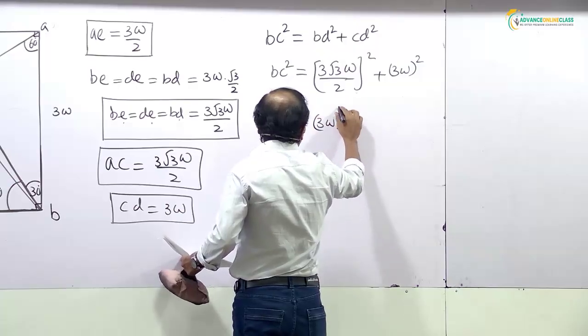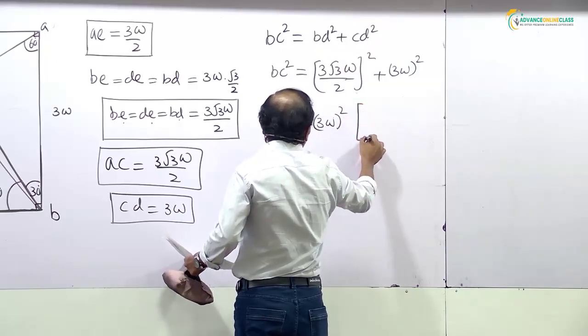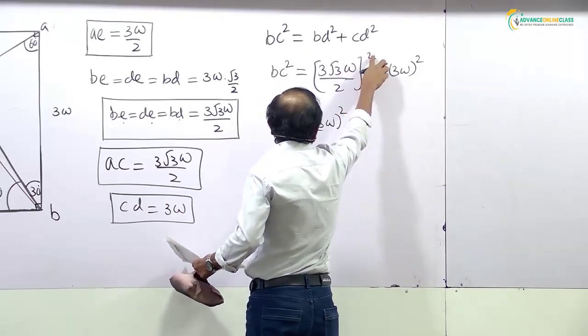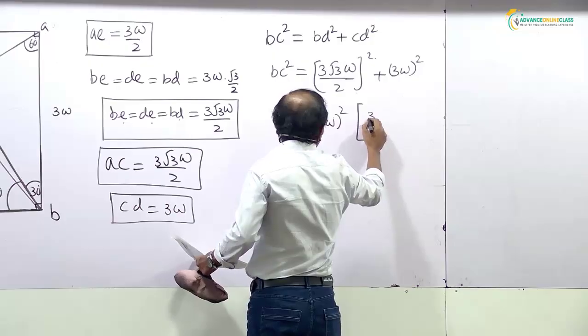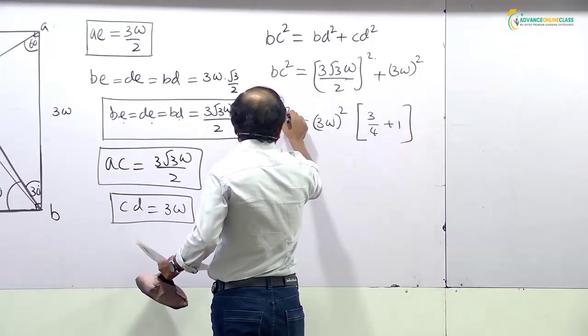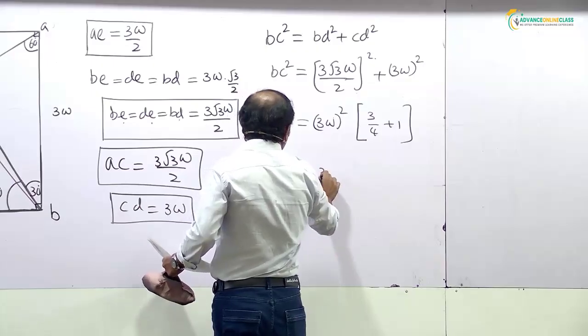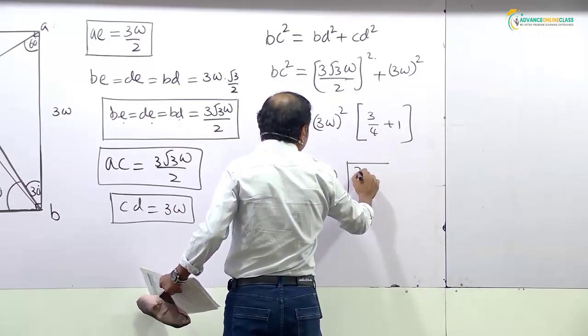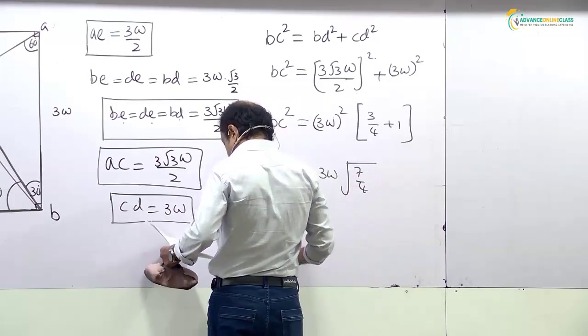When you take it out, we get root 3 squared, 3 by 4, plus 1. This is BC squared. BC is now 3W times the square root of 7 over 4.